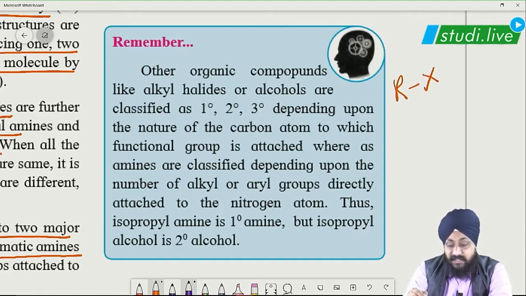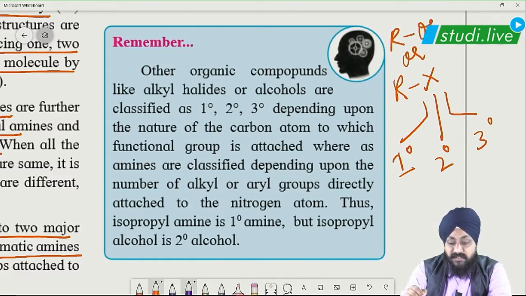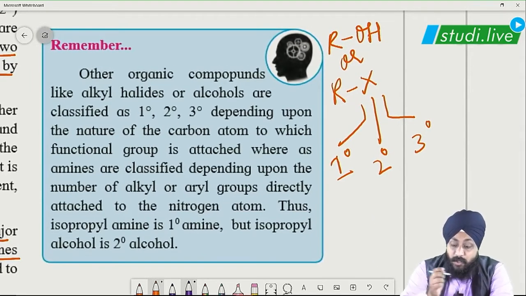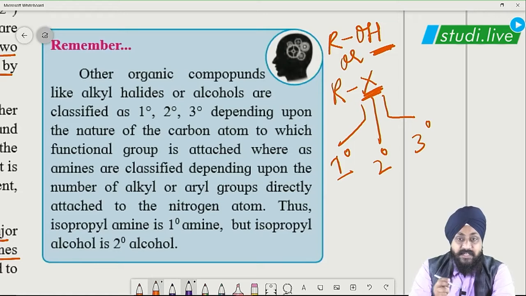Alkyl halides or alcohols are classified into primary, secondary and tertiary, on the basis of the type of carbon to which the alkyl group, the halide or the hydroxyl group is attached. But in case of amine, students, we don't look at the type of carbon. We look at how many alkyl groups are attached on the nitrogen atom.